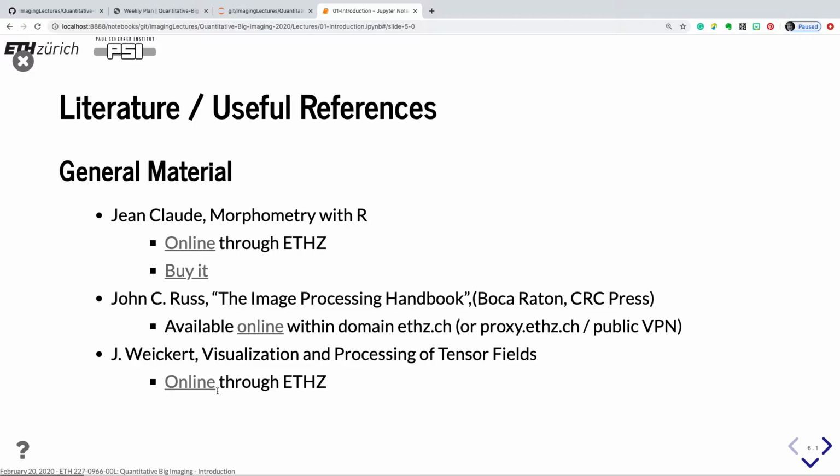Joachim Weikert does a little bit more advanced stuff, working with tensor fields. But as a starting point, you have a good reference in John Ross' book. I think it's over 1,000 pages, so it's a pretty heavy thing. But it's online. You can download it from Springer, from the ETH library, and I recommend you actually to do it.